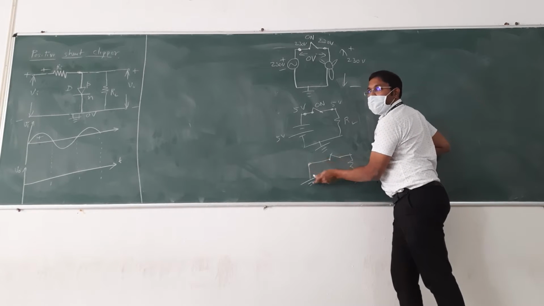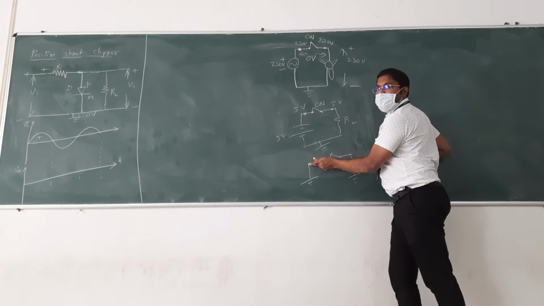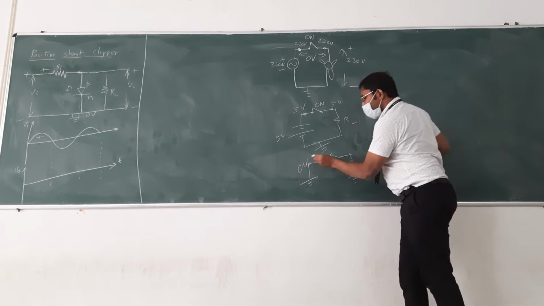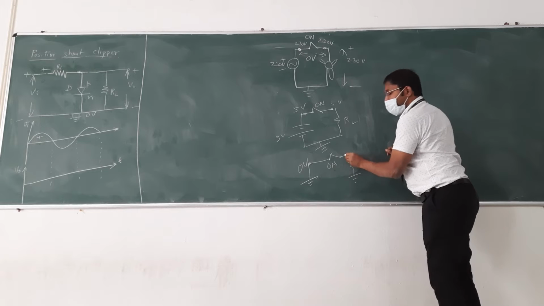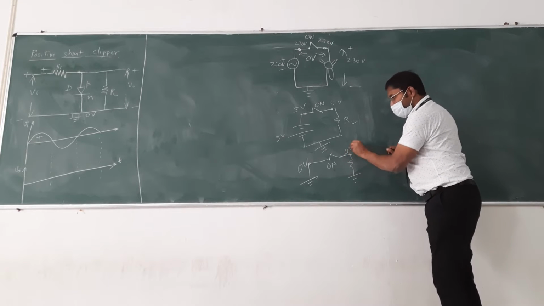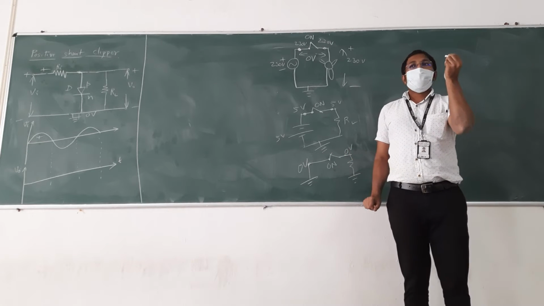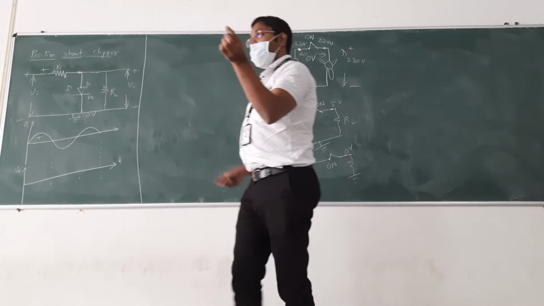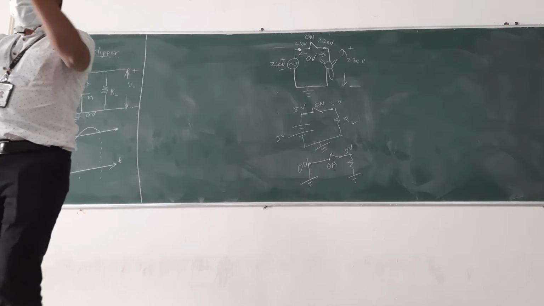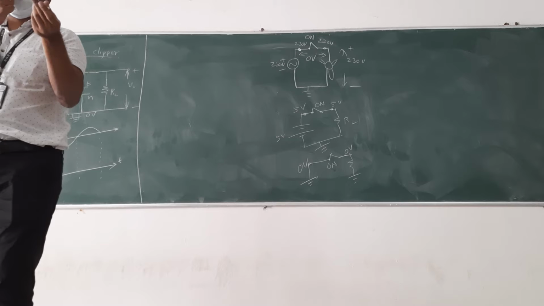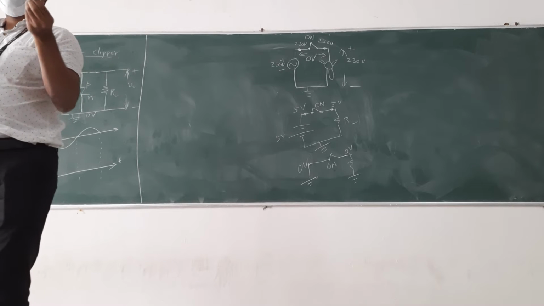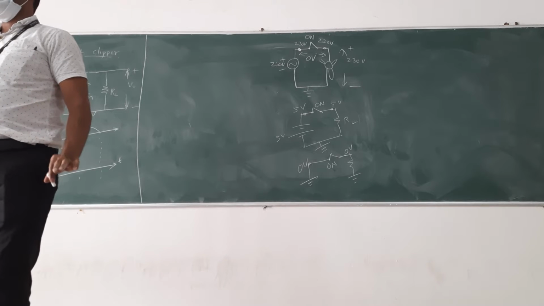Anybody? You have connected direct ground, so 0. Switch is on, what will the voltage be? 0. Switch on means both ends are connected, and both ends connected means both ends have the same potential.